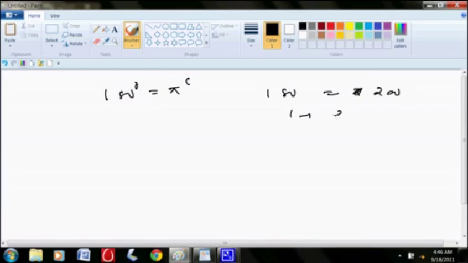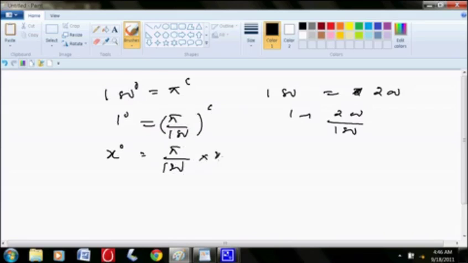So one chocolate is 200 by 180 rupees. So 180 degrees is pi radian. So 1 degree is pi by 180 radian. X degrees is pi by 180 into x radian. Conversion of degree to radian is almost so simple.